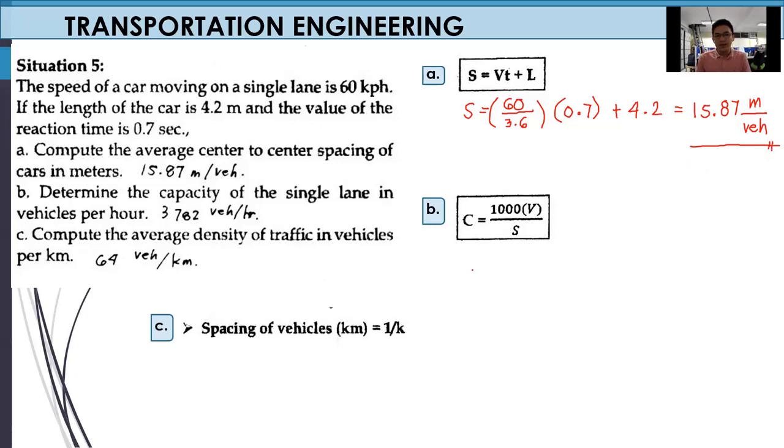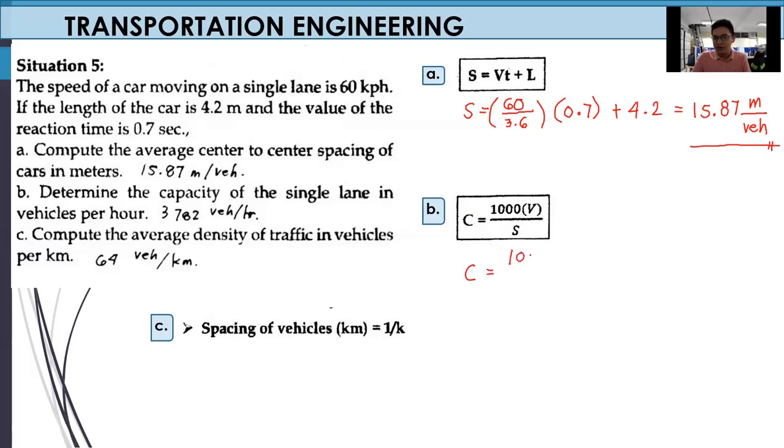Okay, so for letter B, determine the capacity of a single lane in vehicles per hour. So yung spacing natin kanina, magagamit natin yan for letter B, which is yung capacity. So lagay lang natin, no? That formula kasi is 1,000 times velocity divided by S. So, given naman si V or velocity, 60 kilometers per hour.